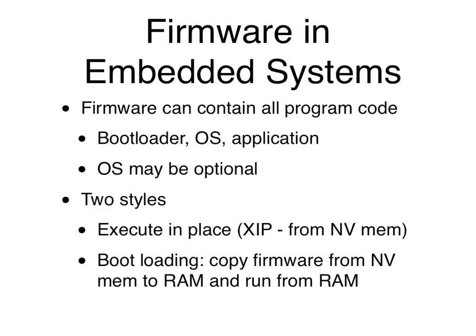Now, an embedded system might not even have an operating system. It just starts running your application directly. That can happen too. So in general, there are two styles of running, whether you call it software or firmware, in the embedded system. The first one is what's more common today, and that's called execute in place, or XIP. What that means is there's really no loading process.